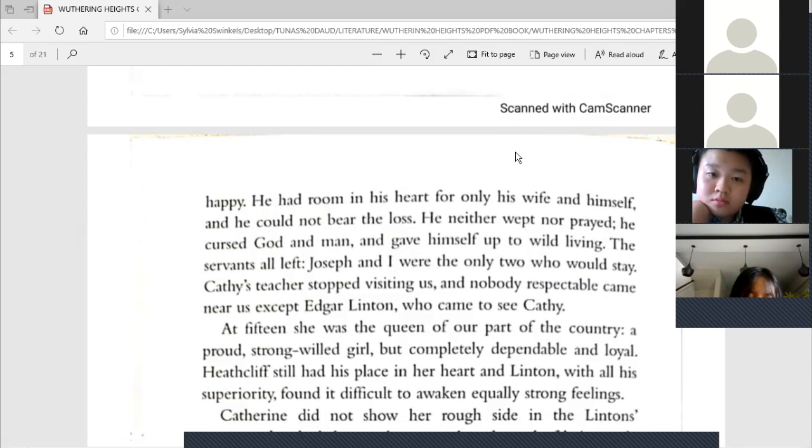He doesn't love his child as much. Yeah, kind of like that. His love is first and foremost for his wife, and he could not bear the loss, not for his child. So in this sense, he loses his wife and doesn't want to deal with his kids. He doesn't need to see his child. As long as he doesn't cry, he's fed and he lives, he's fine. So he is not a father to his child, basically. He's not acting as a responsible parent. He's basically wasting his life getting drunk, spending money, and feeling sorry for himself that he lost his wife, but not thinking about his son.